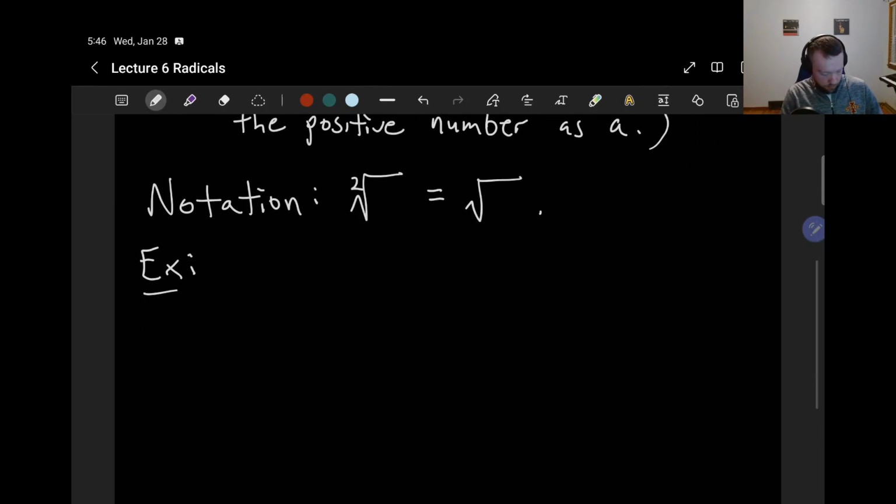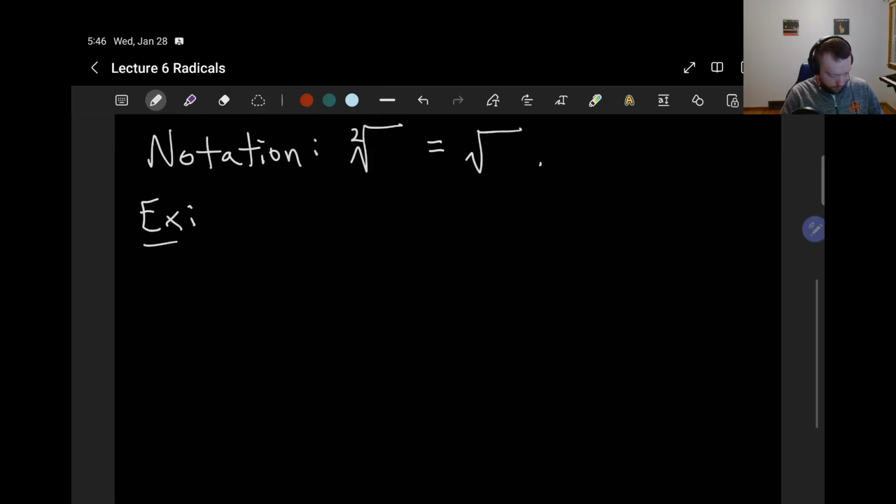Let's do some examples. Part A, we will take the cube root of 27. And when there's an index of 3, we say cube root, just like when we say x cubed.